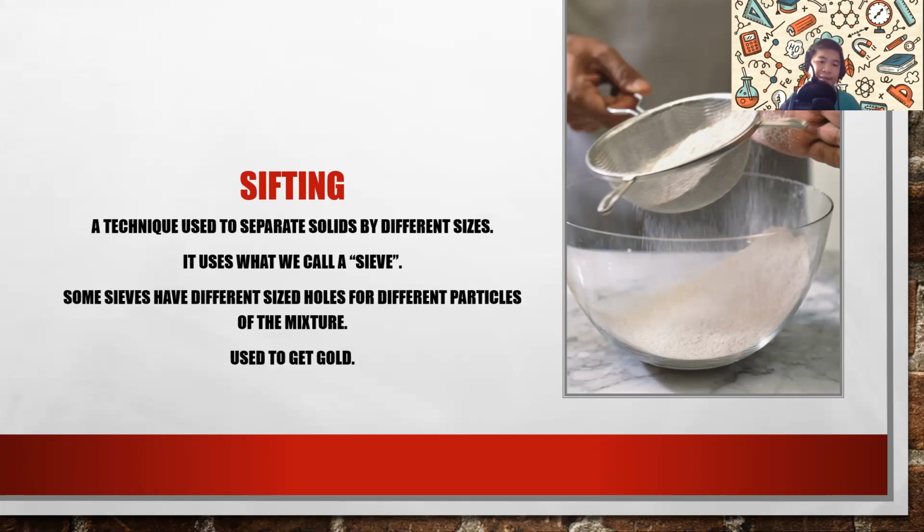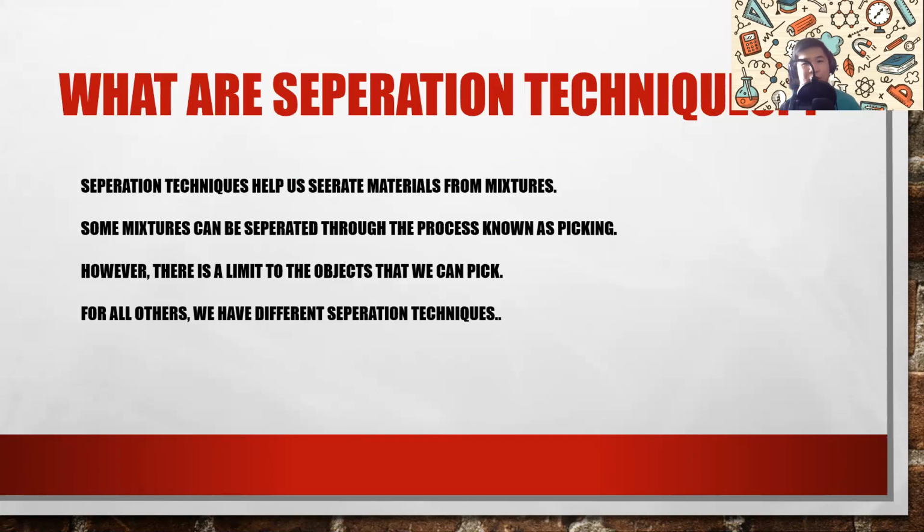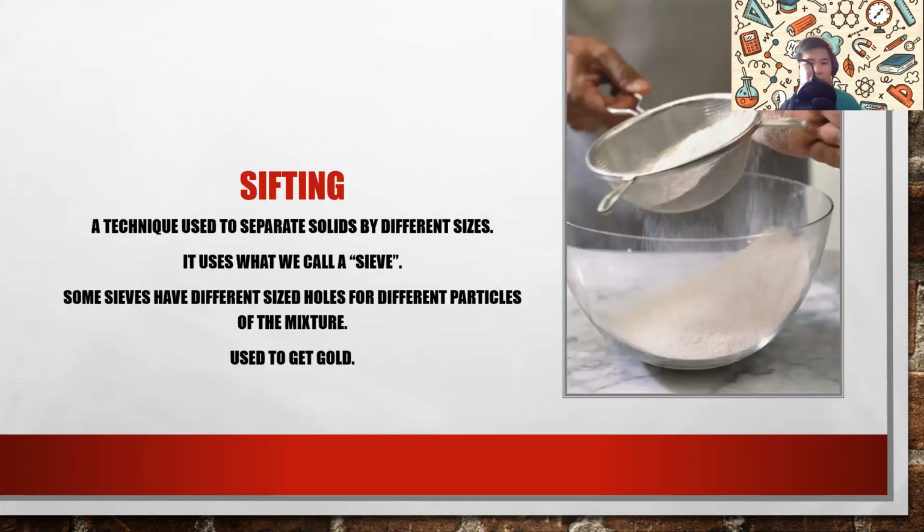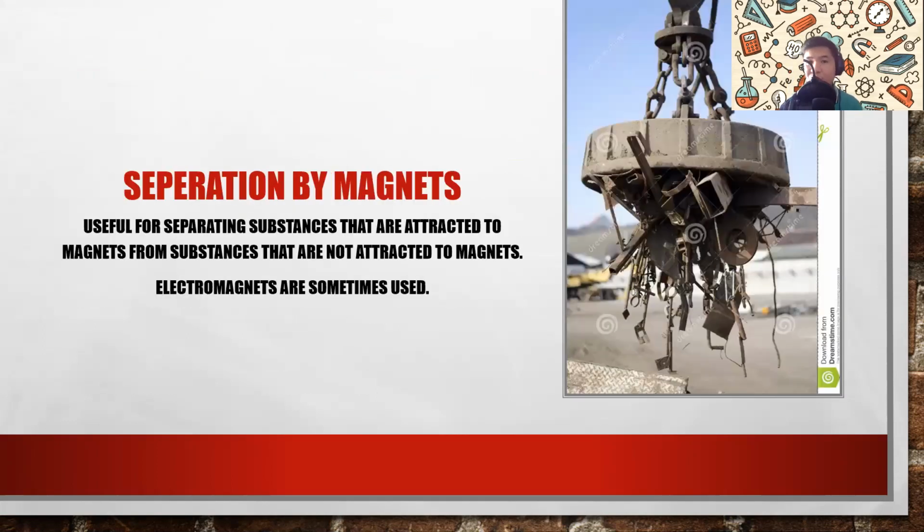Don't worry, like I said, we're going to watch a video about how people used to get gold. Now, what are other separation techniques aside from sifting? We can also use the one that is shown in the video, separation by magnets.